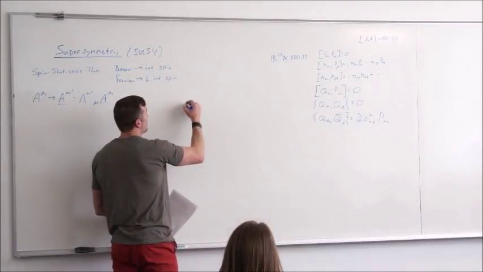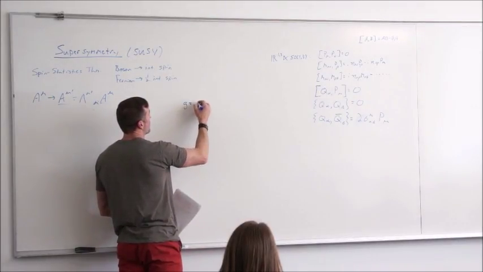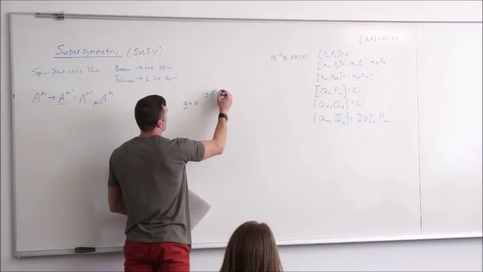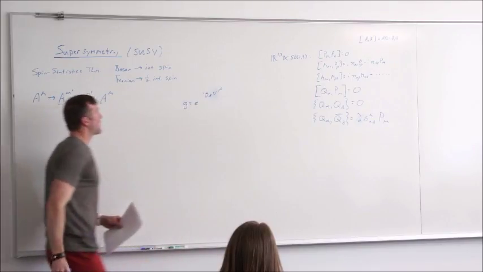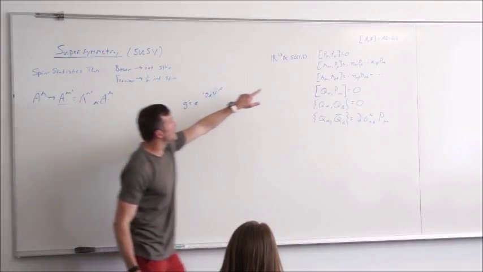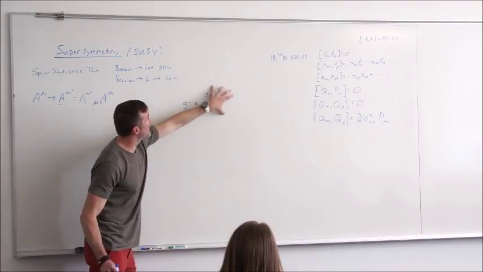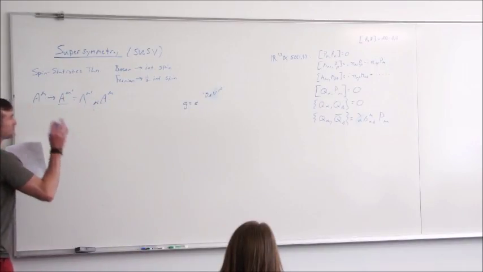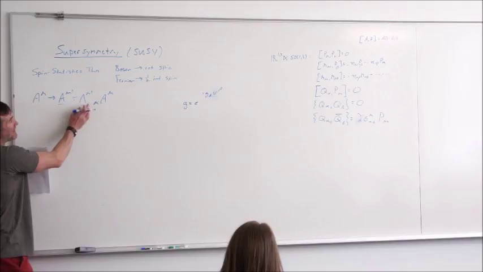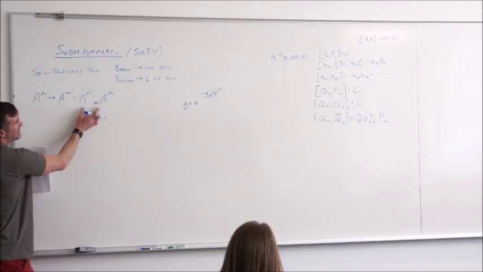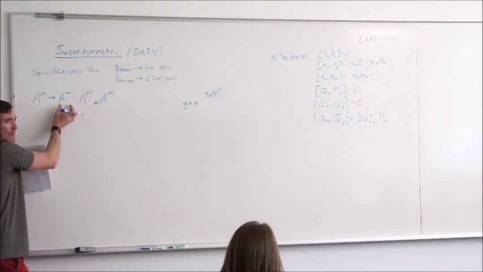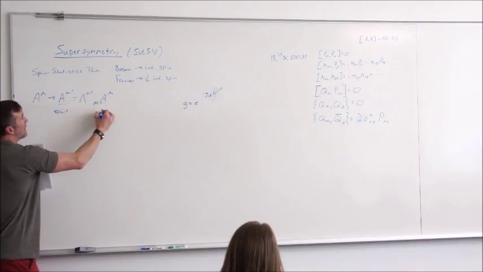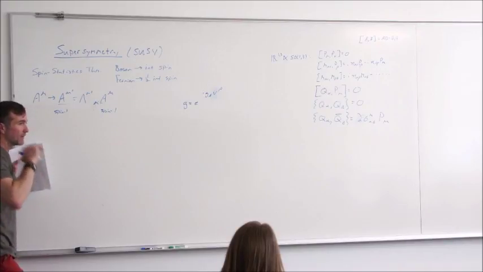And so for those of you who remember, an arbitrary element of a Lie group is built with the exponential map, with a vector of generators combined with a vector of parameters. And so the M's would go here, and then after you do this exponentiation, you would end up getting the lambdas. But the point is just that the lambdas are built out of the M's. And it's because the M's are tensorial and they have the correct upper and lower indices, that the lambdas can take a vector and give me back another vector. Okay? So the idea is that I have a spin 1, and after this transformation, I get back a spin 1. Okay?